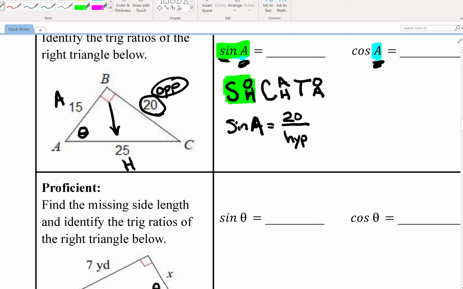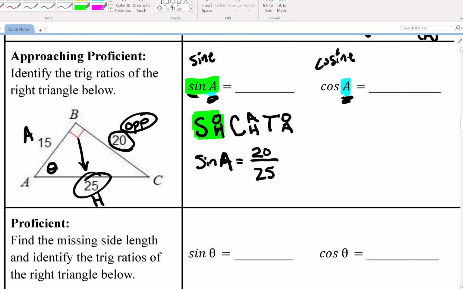And the hypotenuse is 25, so here I would put 25. That's 20 over 25. If your teacher asks you to simplify it, 20 and 25 are both multiples of 5. 5 goes into 20 4 times, and 5 goes into 25 5 times. So you could also say 4/5.